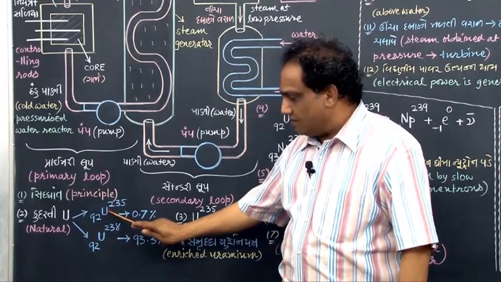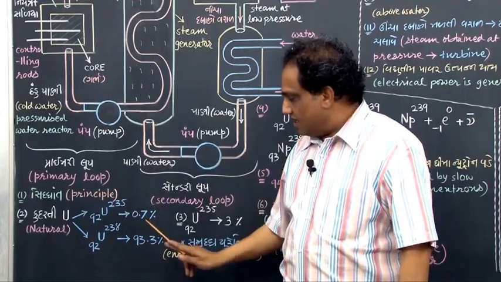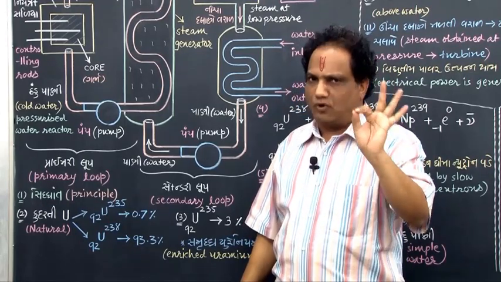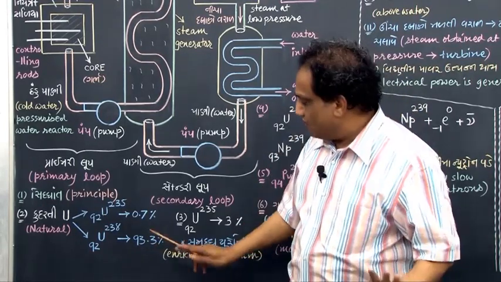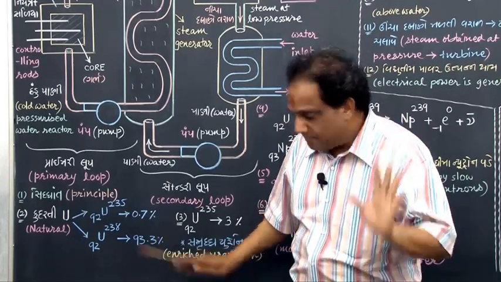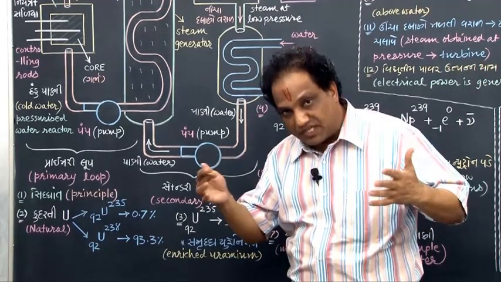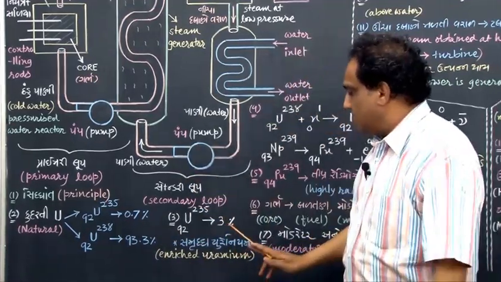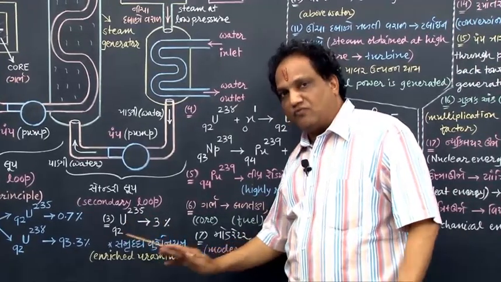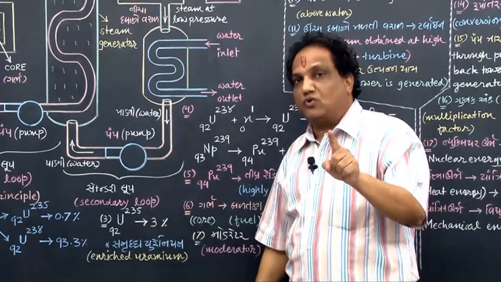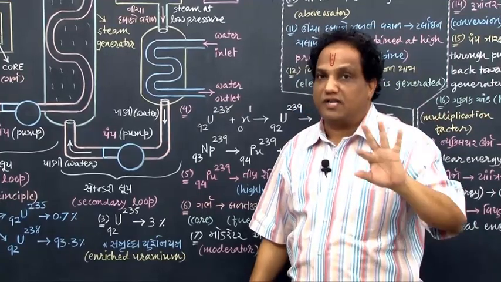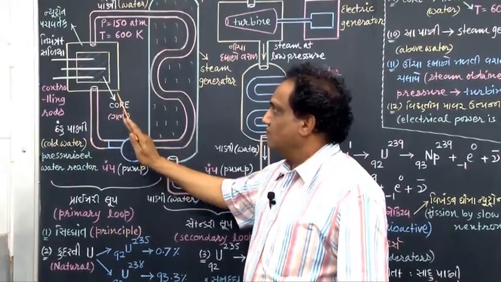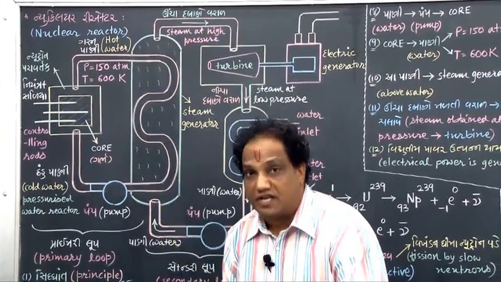Now, this particular uranium, which is useful here, is obtained in nature in a very small proportion, roughly 0.7 percent. Through some proper processes, we enhance this amount, increasing it to nearly 3%, and such uranium whose quantity has been increased is known as enriched uranium.